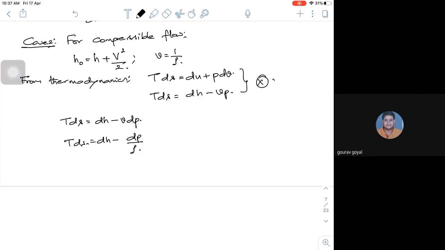This is for the static. If it is stagnation, I can write it in terms of the corresponding temperature: T naught dS is equal to dH naught minus dP naught by rho, this is for total or stagnation.